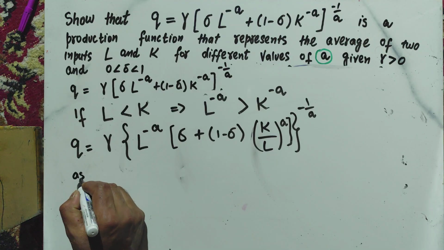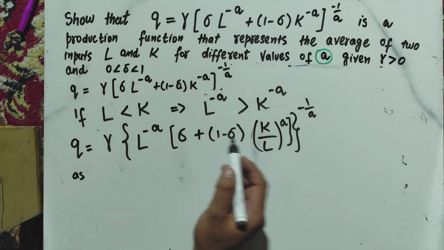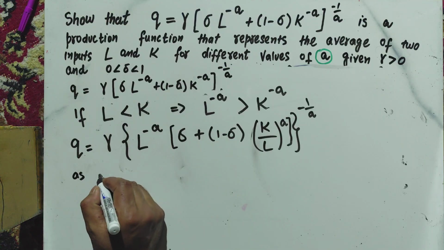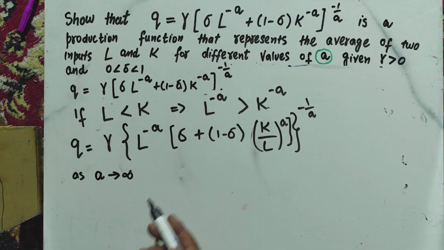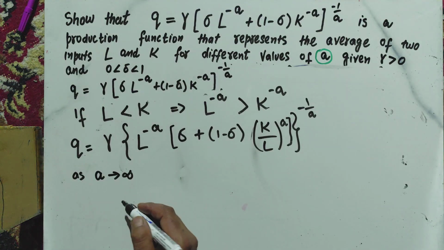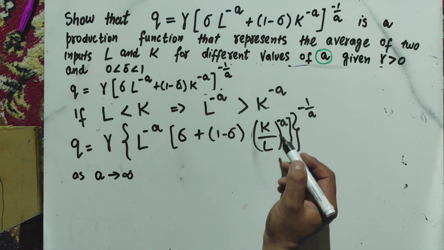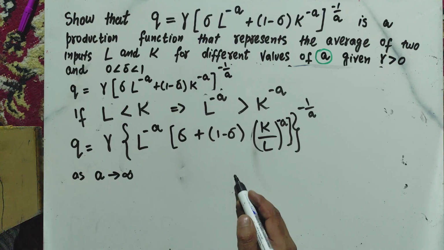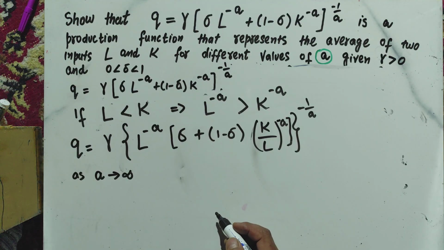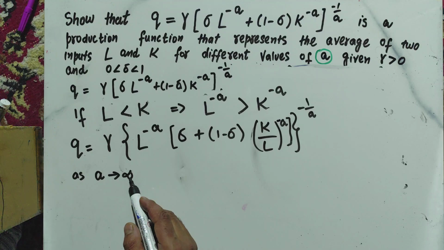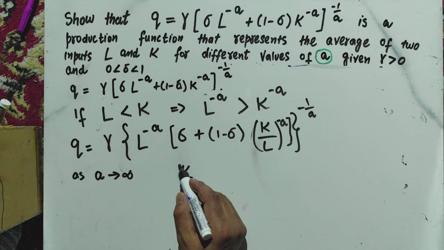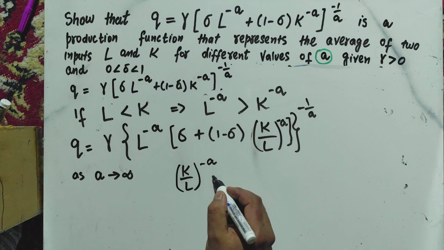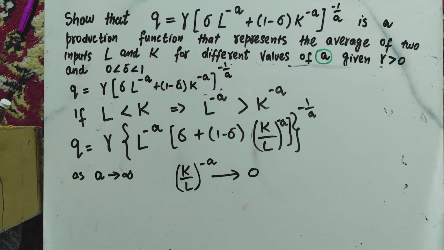So as a approaches infinity, what will happen in this production function? Let us see. Here it is negative a. What will happen to K upon L? If a approaches infinity, K upon L raised to the power minus a will approach 0. Why?